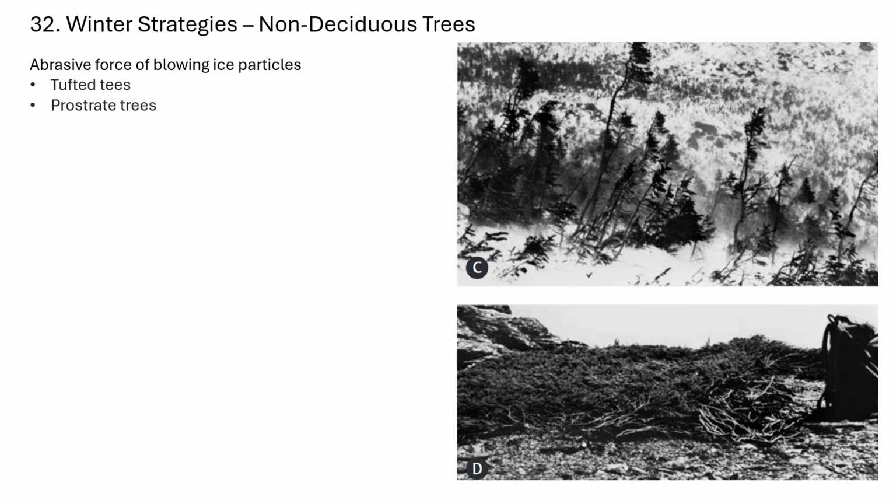Well, to deal with this abrasive force of these ice particles that blow close to the ground, or I should say above the surface of the snow, some woody trees, some non-deciduous trees like black spruce, demonstrate something called phenotypic plasticity.